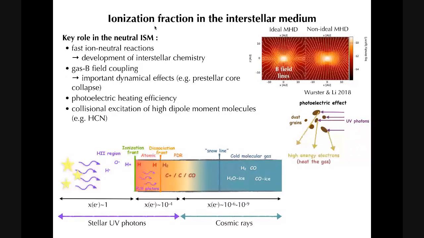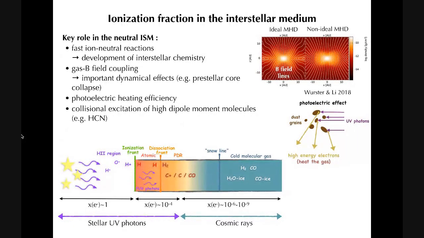So in the ISM, if we leave apart shocks, there are two main sources of ionization. In regions that are not too much shielded from the UV photons coming from the stars, the main ionization process will come from stellar UV photons. Very close to the stars, everything is ionized and the ionization fraction is close to 1.